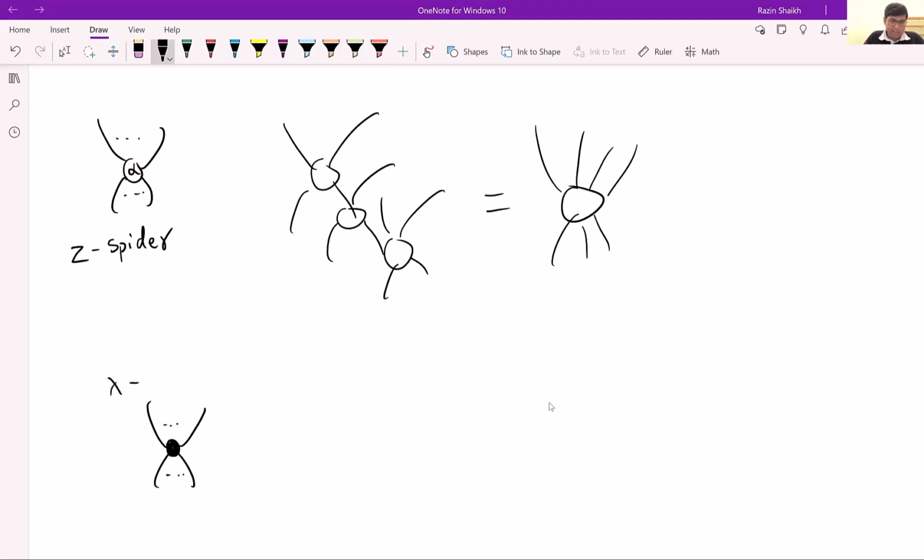Sometimes the X spider is colored red. The Z spider was green, but I think I will go with the black and white convention.